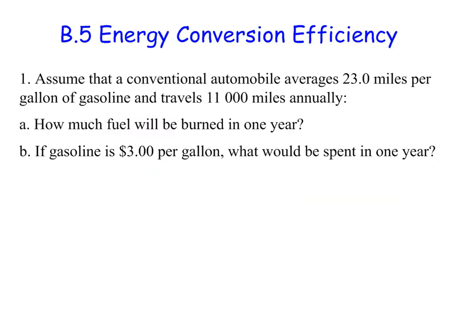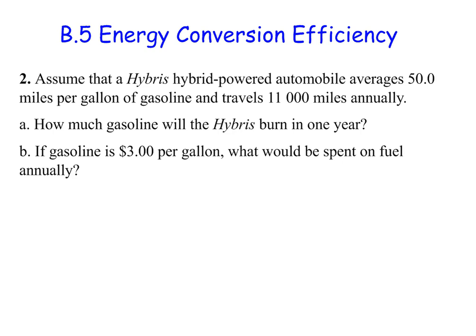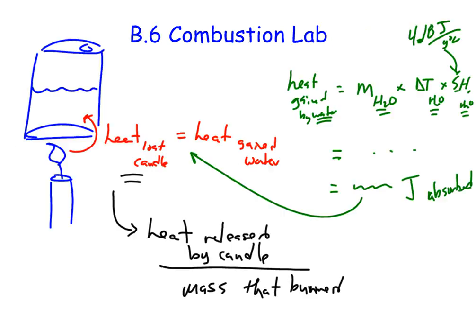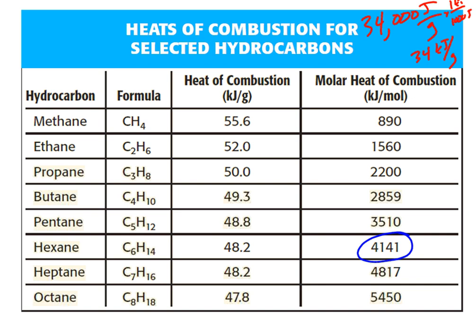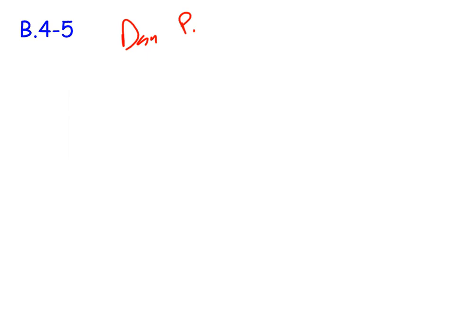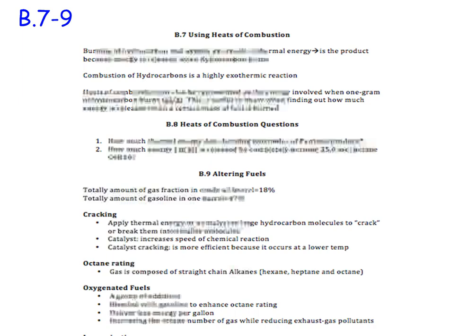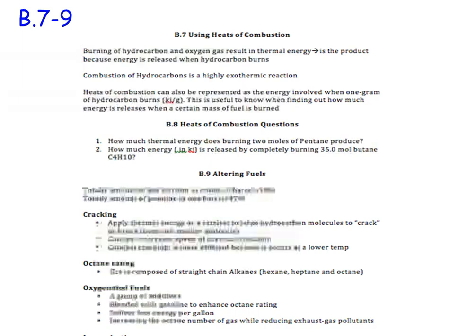And then we did some conversion factors with this stuff, and this was, who is this? This is Rachel, right? So Rachel went over and did B.7 using heats of combustion. So this is where we said, oh, well, if this many moles of hexane burn, how much energy would be given off? That kind of thing.